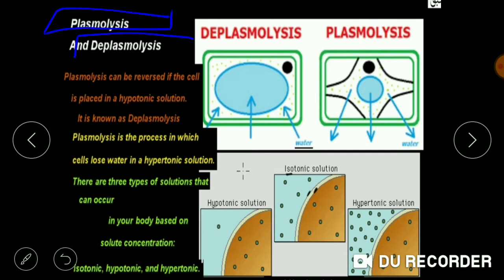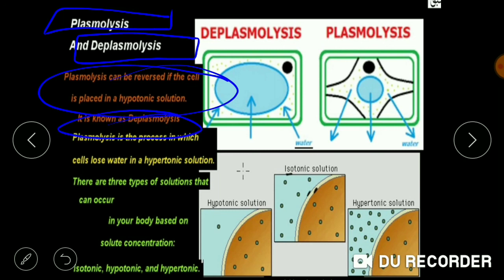There is a process of deplasmolysis, which is completely the opposite of plasmolysis. When we keep the plasmolysed cell in a hypotonic solution, it becomes deplasmolysed.